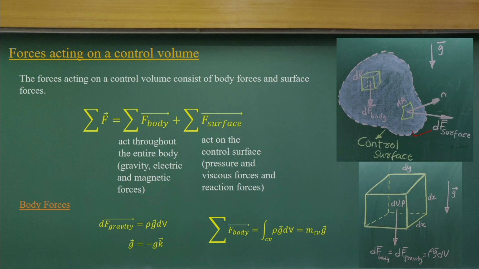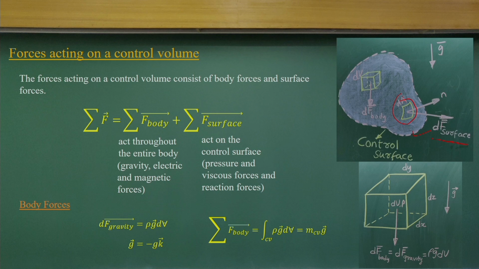If you look at that surface, you will have normal vectors. Let dA be the surface area, and this is the normal vector to the surface area. Two types of force are going to act on this.